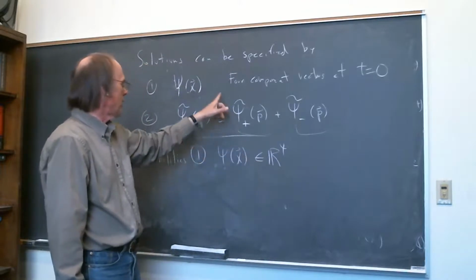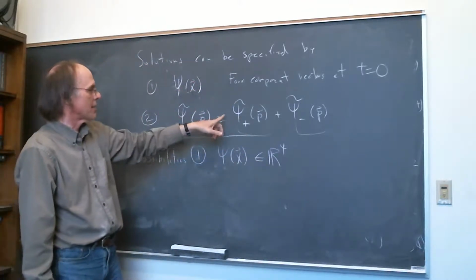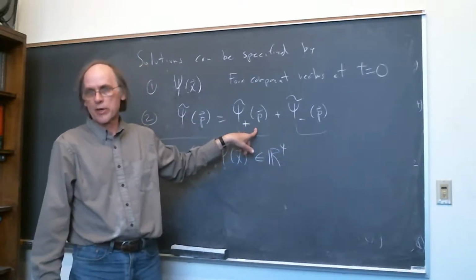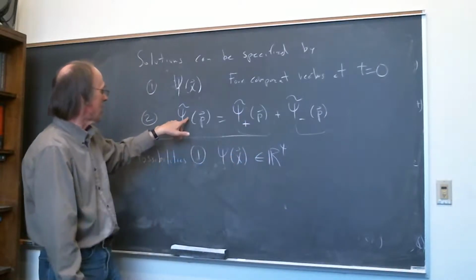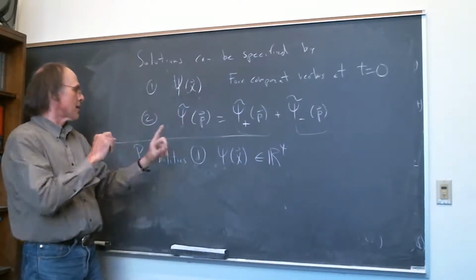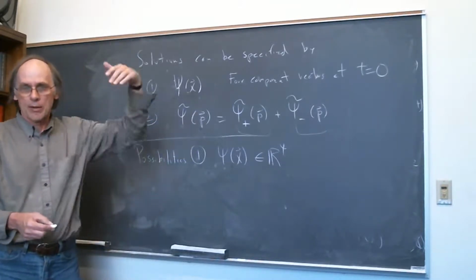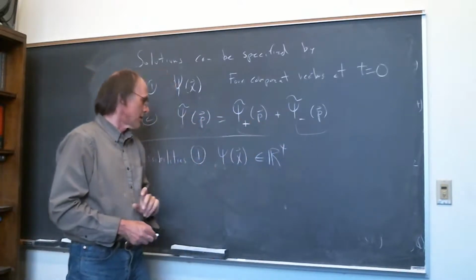And if you do the Fourier transform, that just means that the negative energy part is determined by the positive energy part. For this to be real, the conjugate of this has to be its value at minus p. So you end up relating these two.